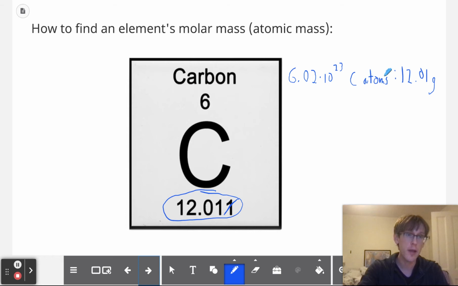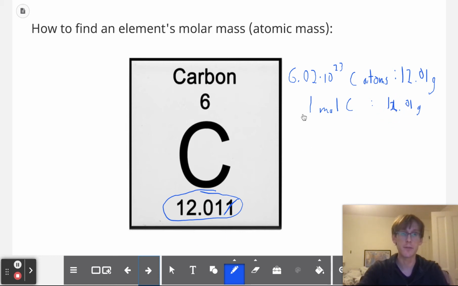So that many carbon atoms have that mass. And also you could say that 1 mole of carbon atoms weighs 12.01 grams, because the mole is just Avogadro's number of atoms. So it's the same.